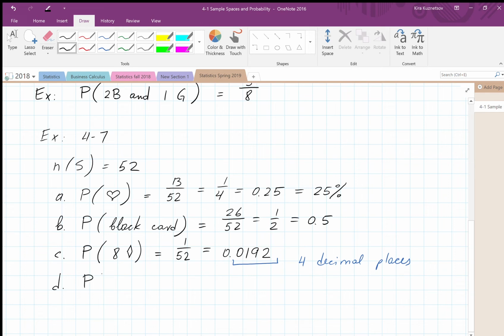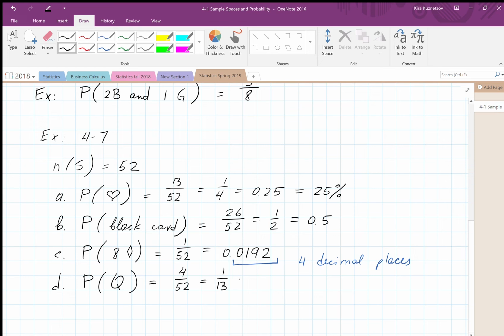My next example is find the probability of getting a queen. I need to count how many queens I have. Those of you who are not familiar with the deck of cards, you have your sample space handout that you can take a look at and count how many queens. Notice there's exactly 4 queens, so the final answer is 4 out of 52 simplified, which is 1 out of 13.